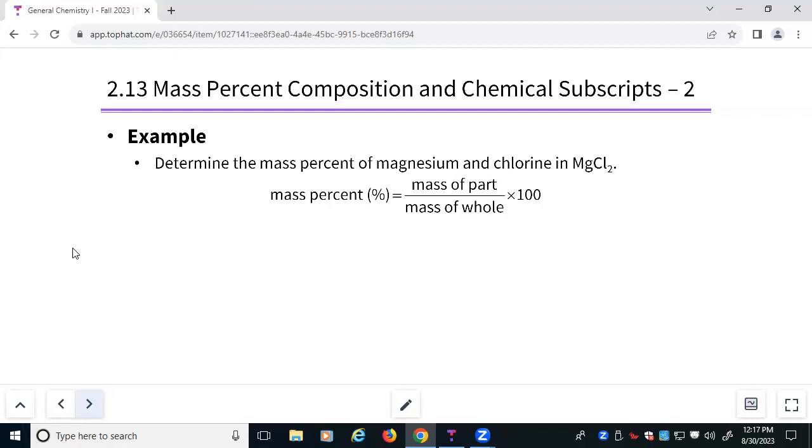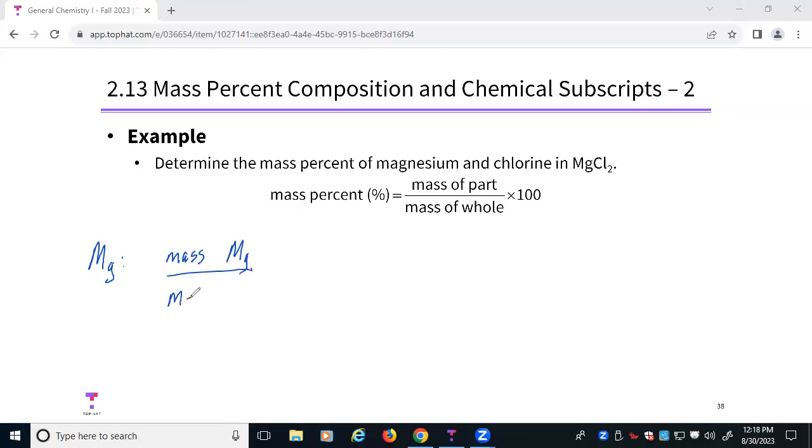So if we were going to try to determine the mass percent of the individual components of a compound, the way that we do that is we do it from a molar mass kind of standpoint. So using the periodic table for magnesium, we would look at the mass of magnesium relative to the mass of the product, magnesium chloride, times 100%.